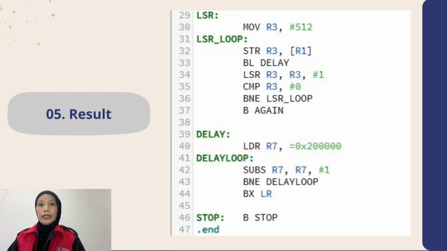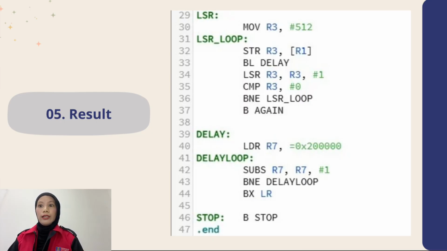For line 13, the MOV instruction loads the immediate decimal value 512 into register 3, which is R3.